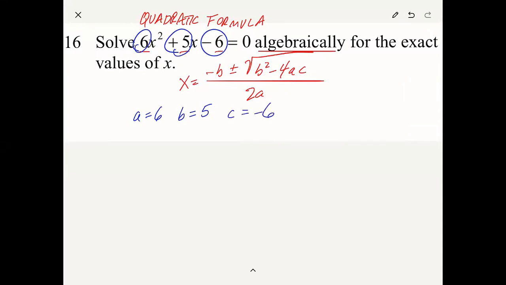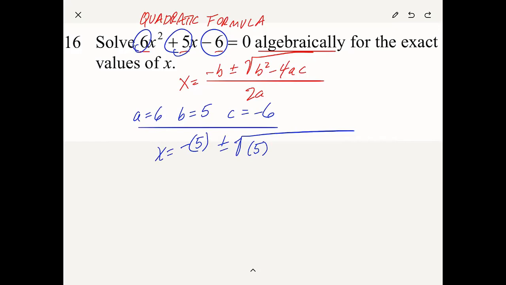So what we're going to do is take all of these numbers and plug them in where you see the variable. So it's going to be x equals negative 5, put them in parentheses, by the way, plus or minus, and then we have 5 squared, because it's not a negative 5, it's a plus 5.